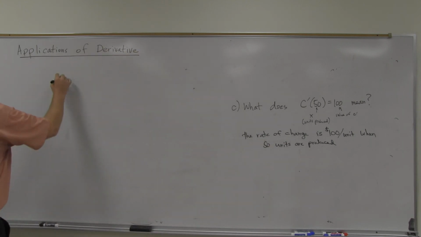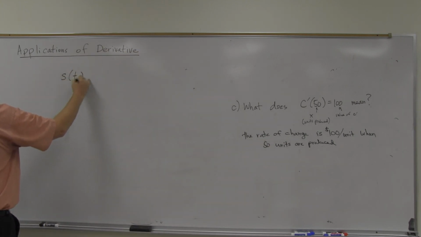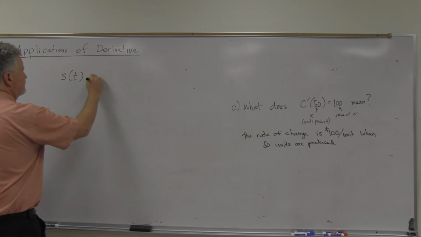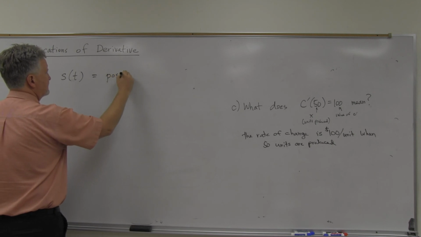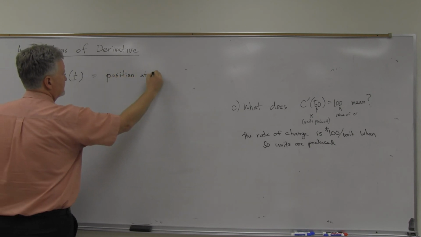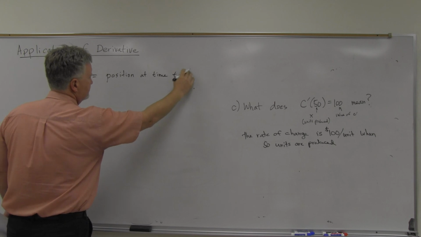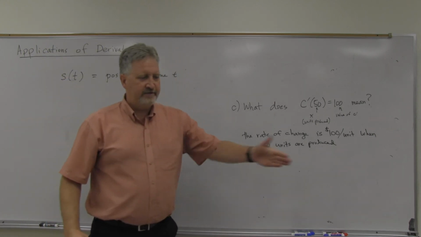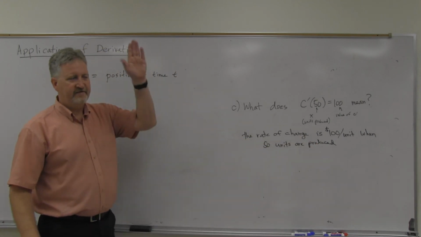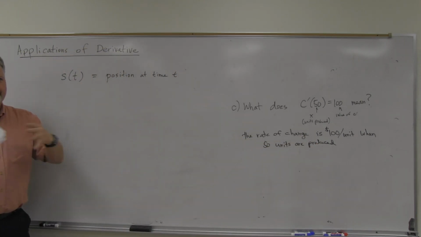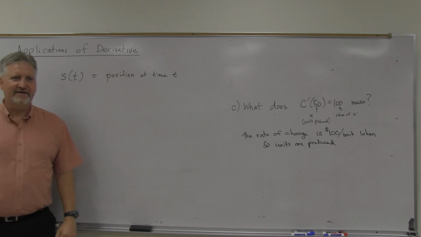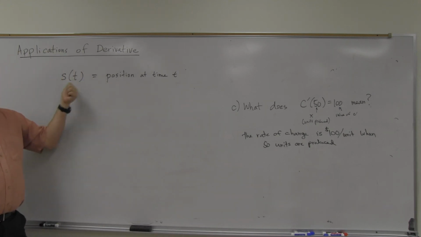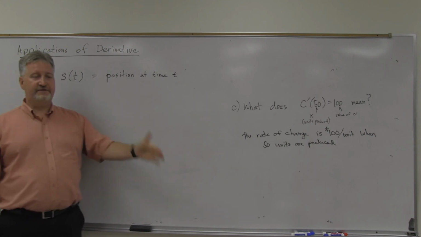So we've got an s of t equals our position at time t. Similar to what we did with the height function, but it is just a position. It may be right and left instead of up and down, or some other directions. But anyway, that's our position. Give me a time and plug it into this function, and that'll give you the position you're in.